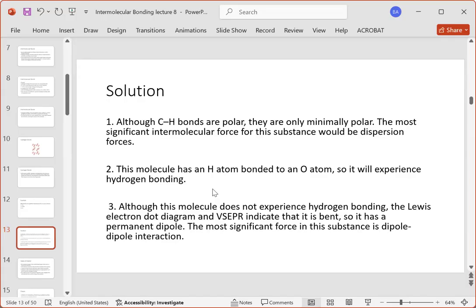Remember, we say dispersion force exists in all molecules, because of the instantaneous position of the electrons in the molecule. Here it's not a hydrogen bond because there's no nitrogen, no oxygen, no fluorine there. So it is just the dispersion force.